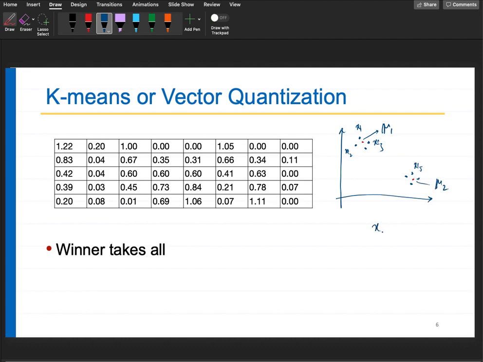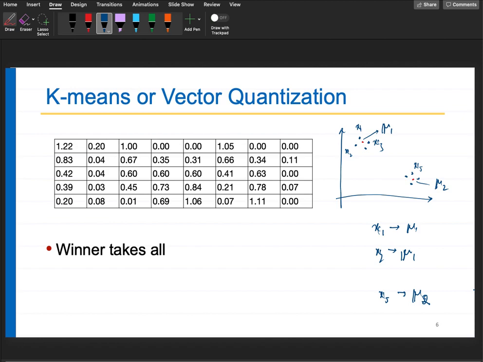I say replace x1 with mu1, x2 also becomes mu1, but x5 becomes mu2, right? You are replacing the data points with these cluster centers. So that is one form of matrix factorization.